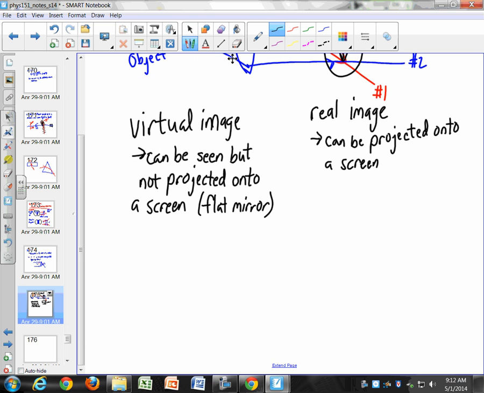For a virtual image, the image distance is negative. So here, DI is negative. And over here, for a real image, DI is positive.